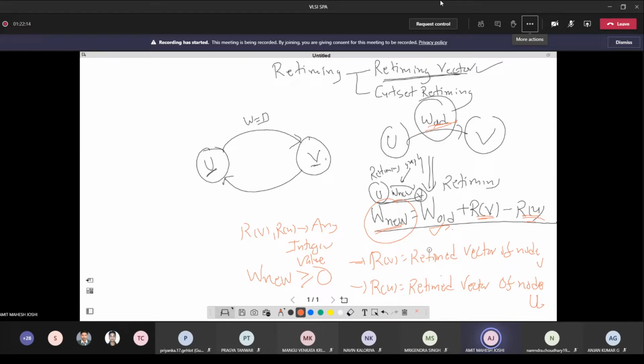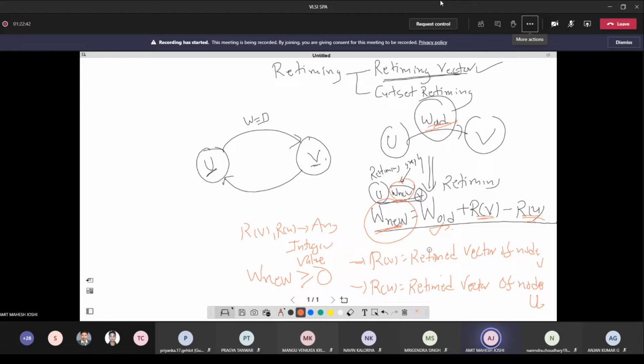But of course, you need to ensure that this W new, which defines the weight of my retimed graph, has to be a realistic value. So the realistic value of W is always 0 or greater than 0. A negative weight value is not possible, there is no negative cycle. So ultimately, the weight has to be 0 or any positive value.